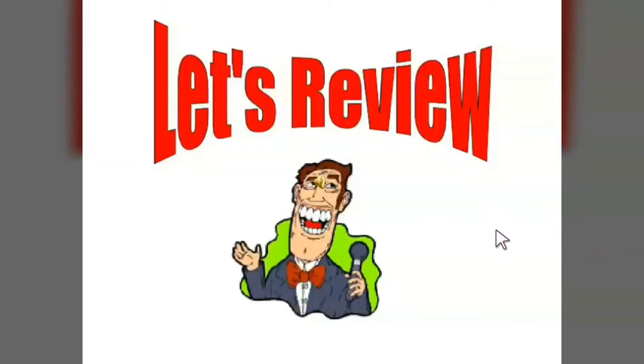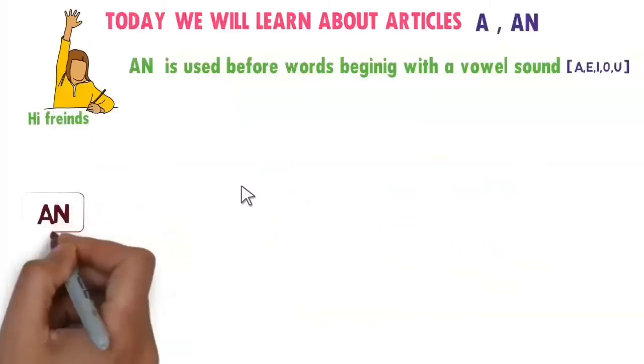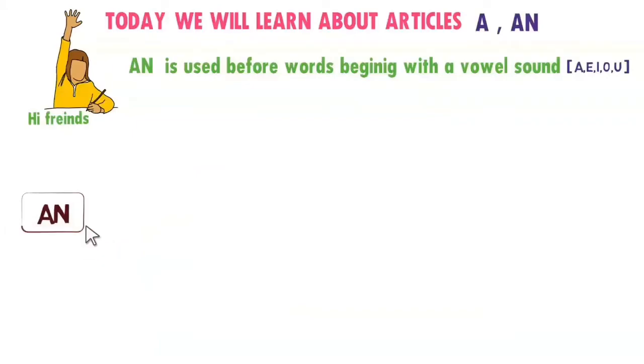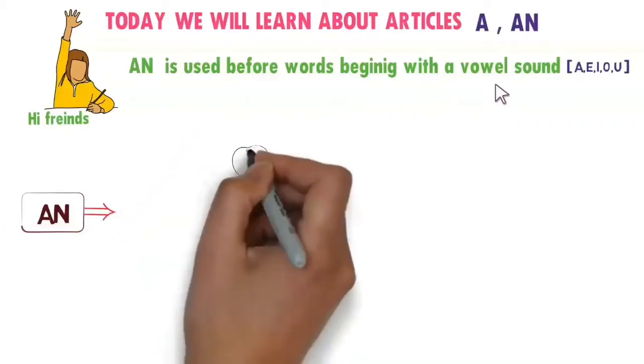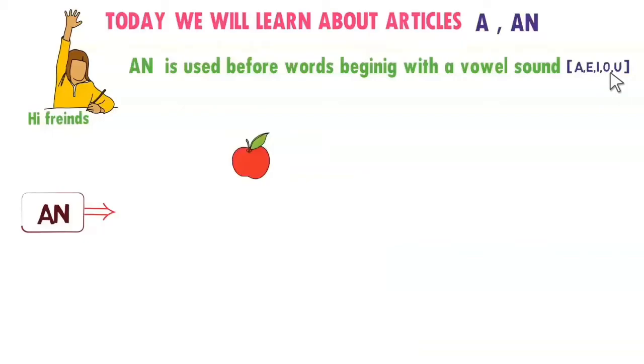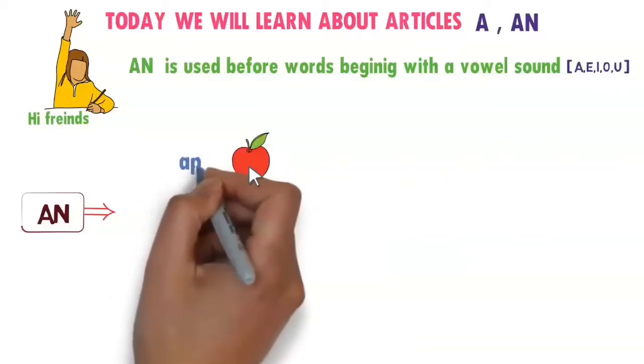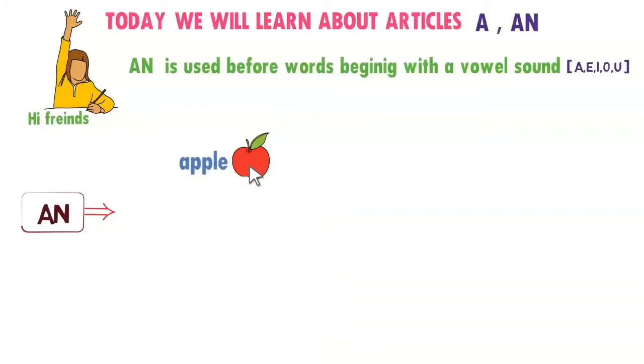Now let us revise, children. A and an: first we will see an is used before the sound of vowels A, E, I, O, U. Apple. So apple starting with A, तो इसके आगे क्या use होगा? An. Now elephant.